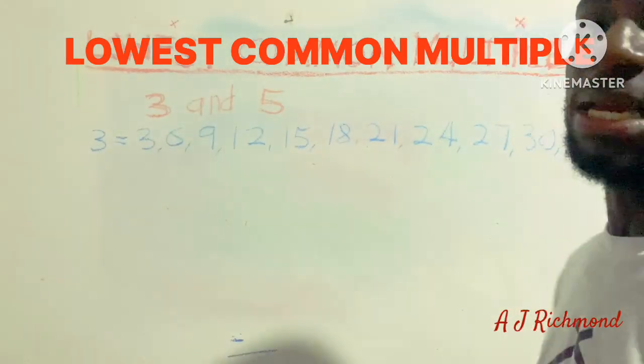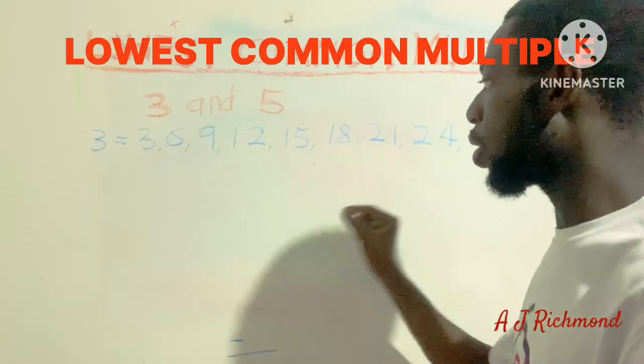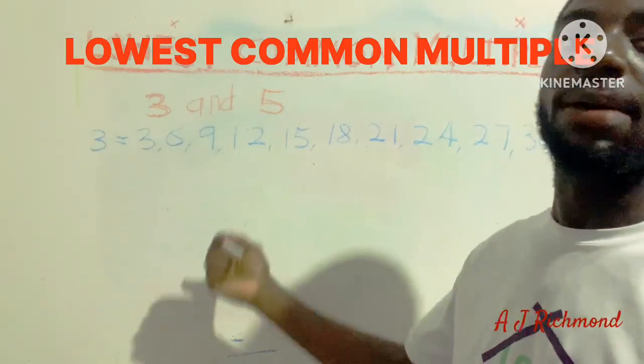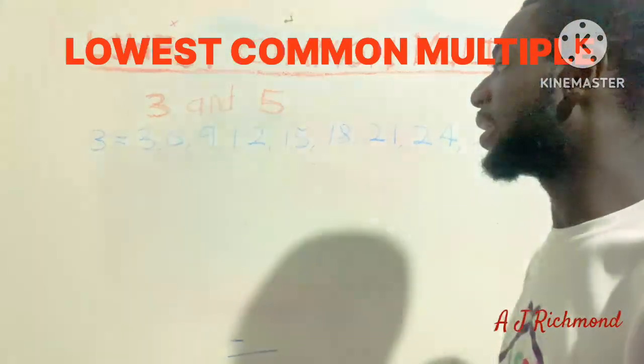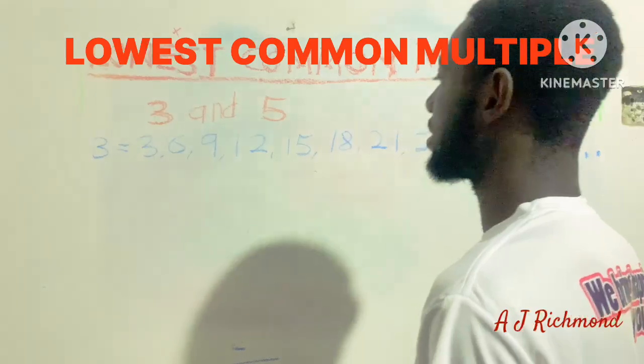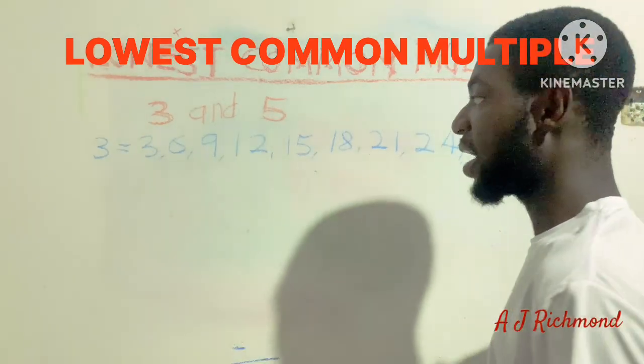So just in case we do not find a common multiple in the list, we can just come back and continue the listing. The next thing is we list the multiples of 5.